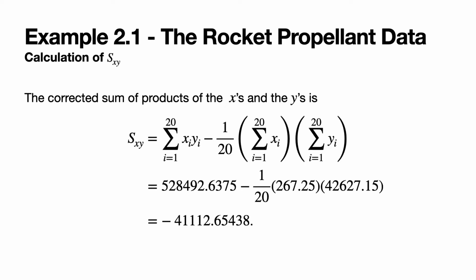All right, and so notice that I'm including all of the decimal places here in the display. When we're doing these calculations, because we're calculating these intermediate summary statistics that we're then going to use to calculate, for example, beta 1 hat, we always want to use the full precision available to us.